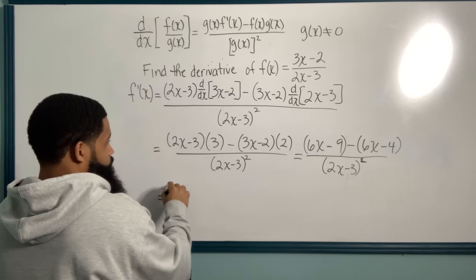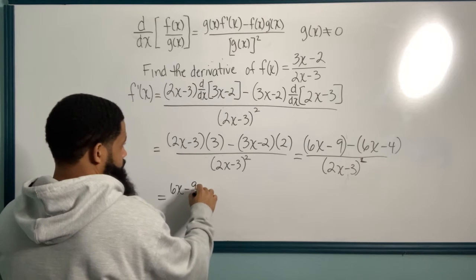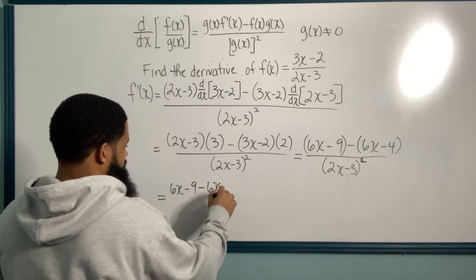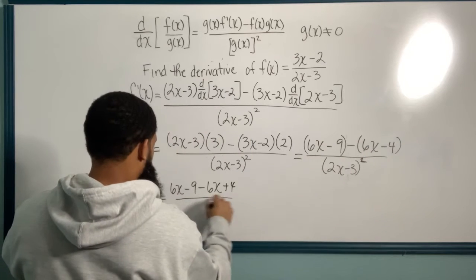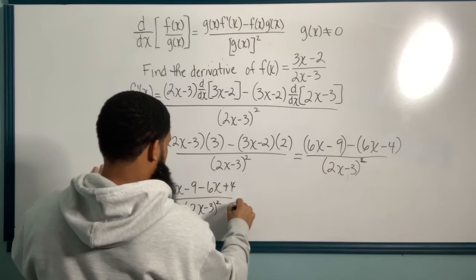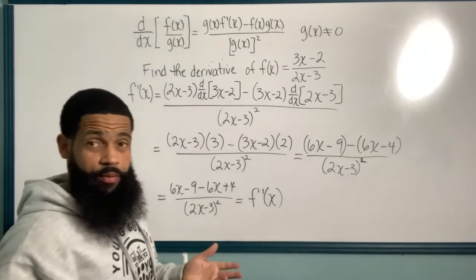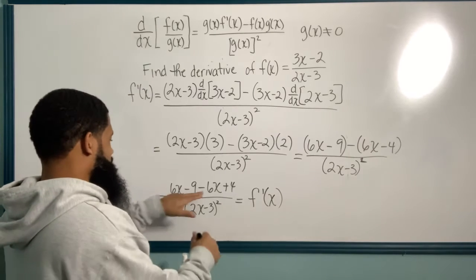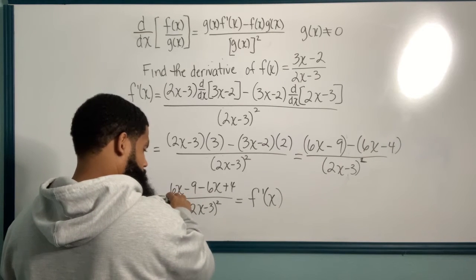In the numerator, we have 6x minus 9 minus 6x plus 4 because we're distributing this negative, still over 2x minus 3 squared. So now, f prime of x, the derivative, is equal to 6x minus 6x is done.